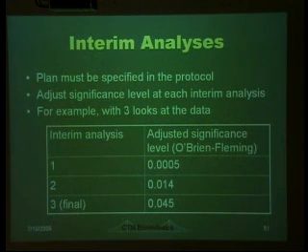So you can see that you're paying a penalty. If you're allowed to stop at one of those two looks, you no longer can use a 0.05 threshold at the end of the study. You need to be a little bit more stringent to account for that potential inflation of the error rate. So there's a number of ways of constructing these adjustments to the significance level. The O'Brien-Fleming is one popular one.